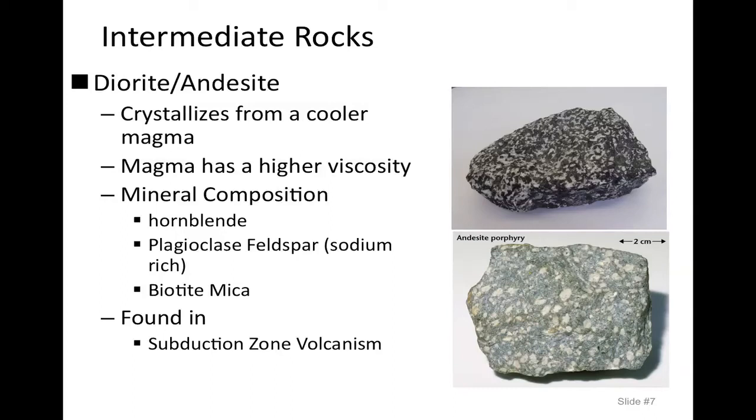The magma now has a higher viscosity, meaning a higher resistance to flow than the mafic variety. A lot of people refer to that as thickened up a bit from the mafic variety lavas. They crystallize from a cooler magma, and that accounts for the higher viscosity, along with the composition as well.